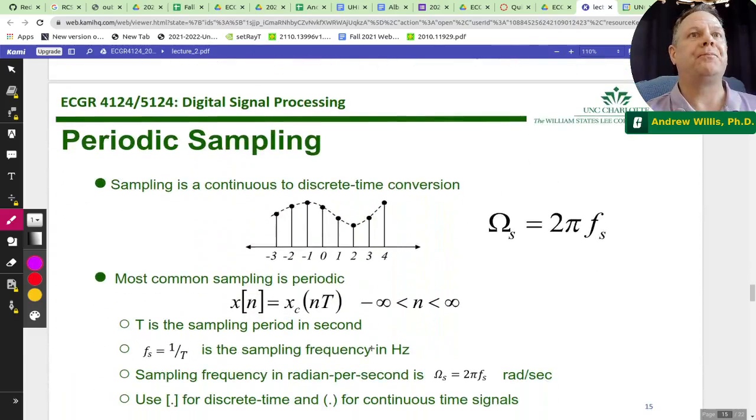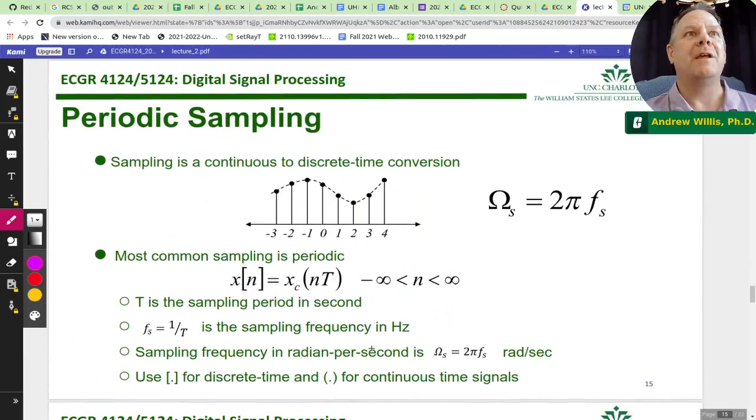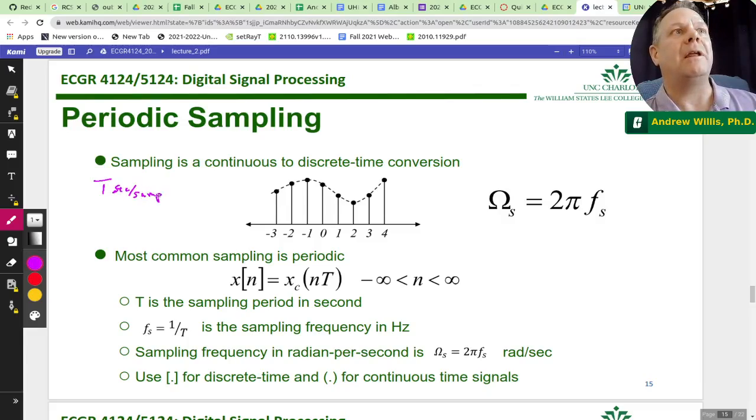All right. Periodic sampling. Again, we're talking about the sampling process, but the sampling process is actually a periodic process itself. So T has the units seconds per sample. So we're saying how many seconds expire between one sample and the next. So it's periodic.